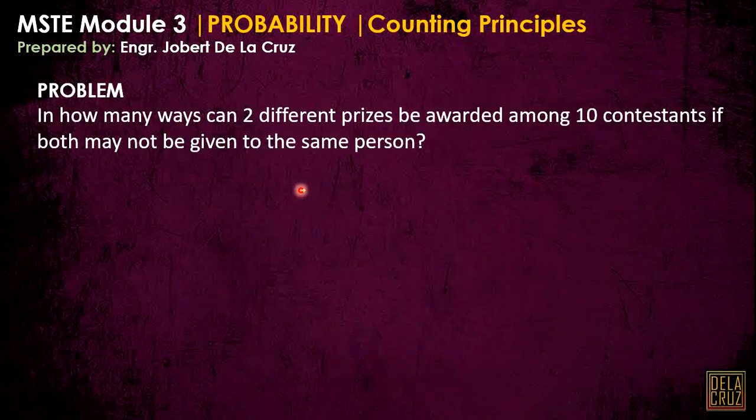In how many ways can 2 different prizes be awarded among 10 contestants if both may not be given to the same person? Okay, so first we should know our number of contestants or number ng pagpipilian natin. Ito yung pinaka-essential, dapat ma-identify natin yung pagpipilian natin and ano yung sample space natin.